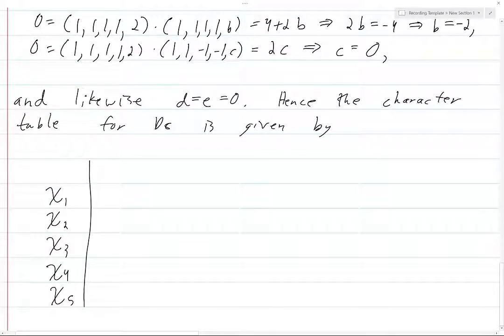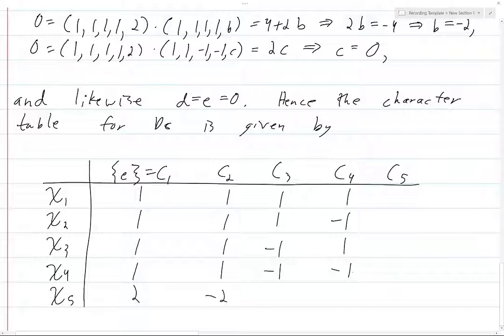I'm going to have E, which is C1, I'm going to have C2, C3, C4, and C5. Then we have 1, 1, 1, 1, and A was 2, 1, 1, 1, 1, and then this was minus 2. Then the other ones, we just had this character table, which was inflated, and then we had zeros down here. Okay, so that's our character table.